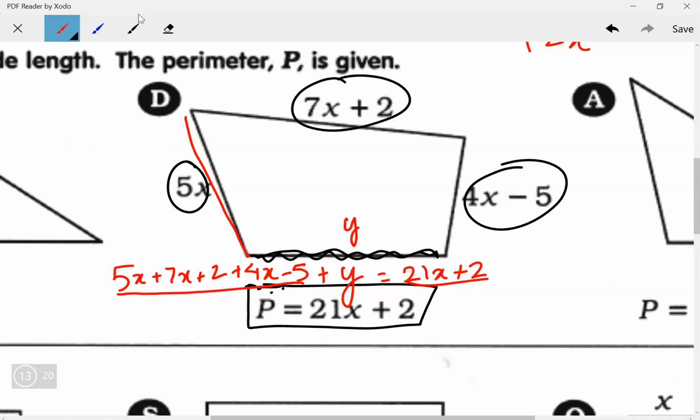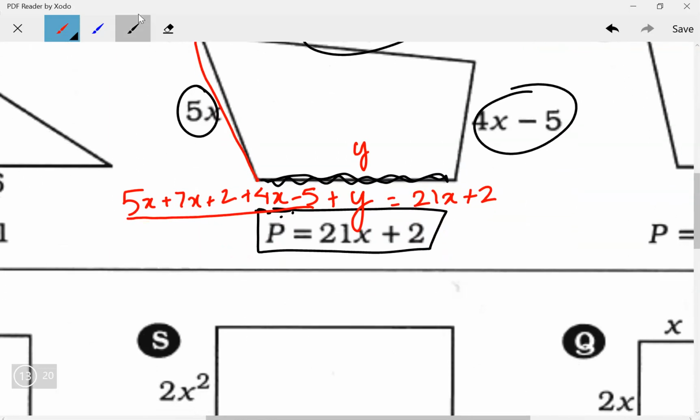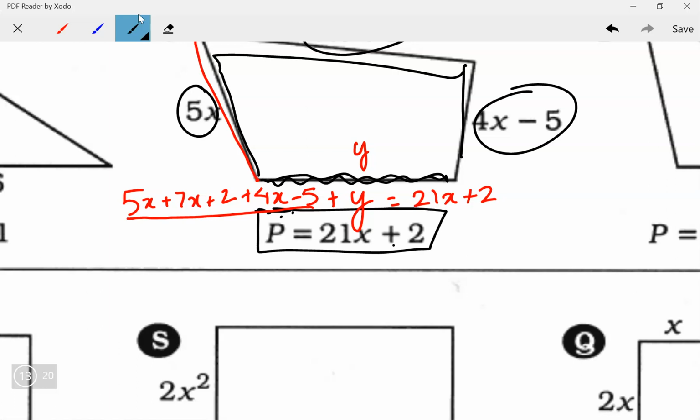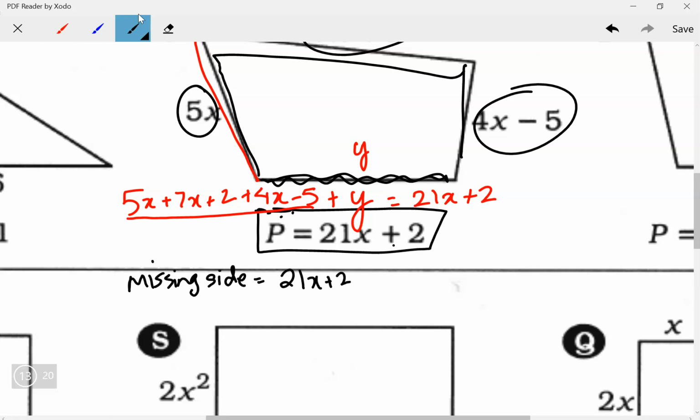Again, this is a slightly more complicated form. Hopefully we are all seeing that to find the missing side, all we have to do is add up these three sides and subtract that from the perimeter. That will give us the length of our missing side. So we can just write missing side. We don't need to add any extra variables like y. We can just say missing side equals perimeter, which is 21x plus 2, minus bracket the sum of all the other sides.